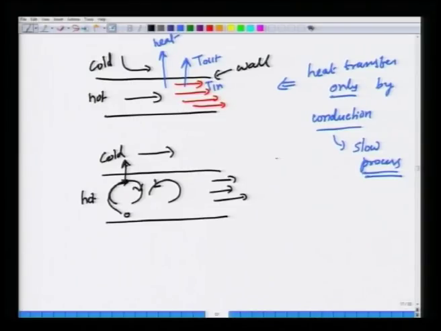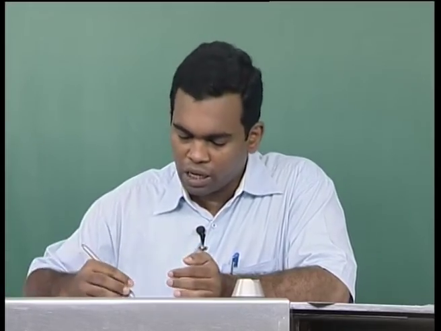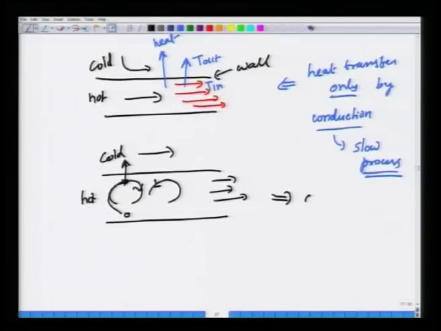So, this presence of flow in the direction normal to the flow, which are called secondary flows, can aid conduction. Okay. Although ultimately heat transfer happens at this wall only by conduction, the rates at which conduction can happen can be enhanced by these circulating zones of fluid. Okay. And so, this depends on the detailed nature of the flow.